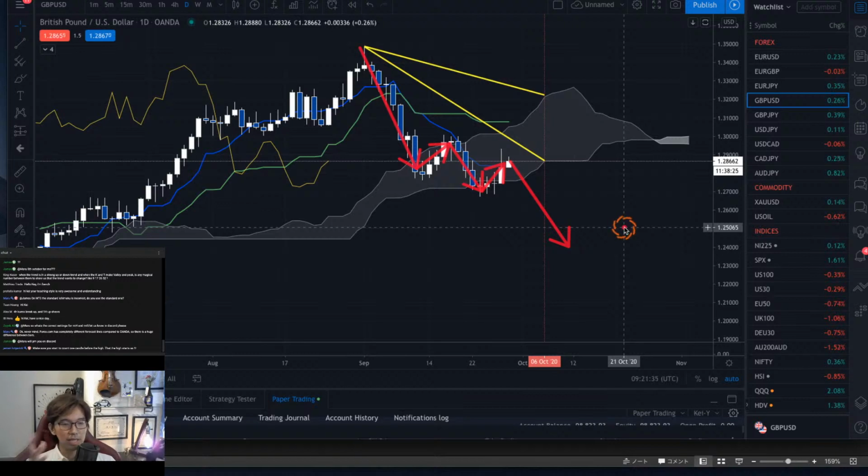So when you see the top or a retracement on this Tenkan Kijun-sen, from there the price might actually continue to be bearish. But make sure to wait for the Kumo breakout, which is important.